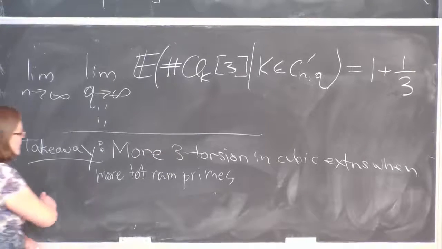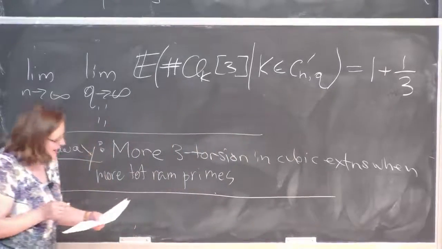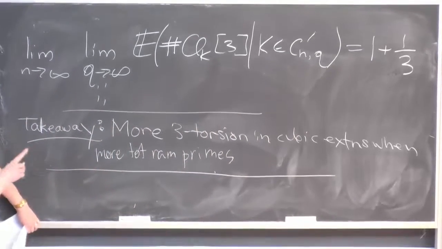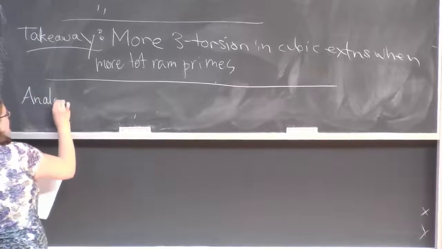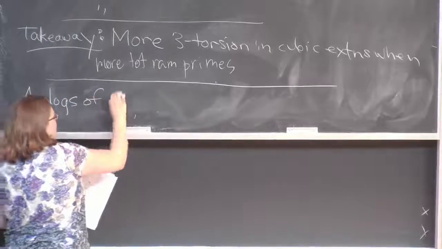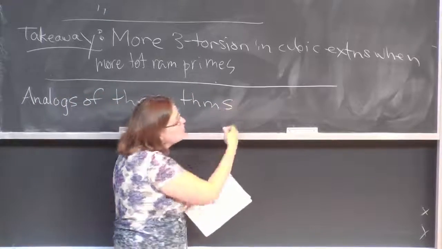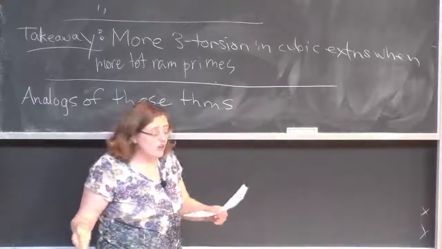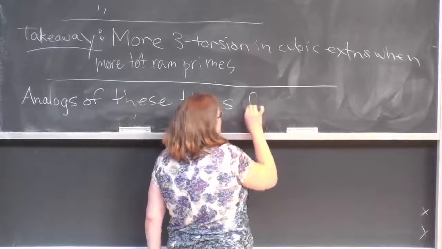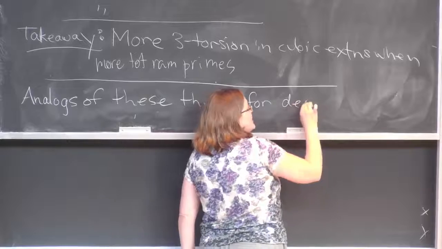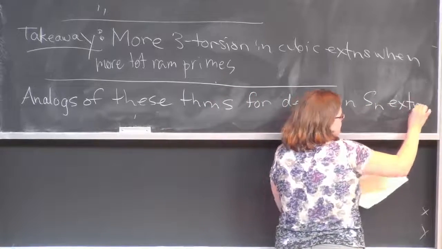So just for concreteness, I stuck to the case of S3, but in fact I have analogs of these theorems for general Galois groups, but I'll just say specifically for degree n S_n extensions.